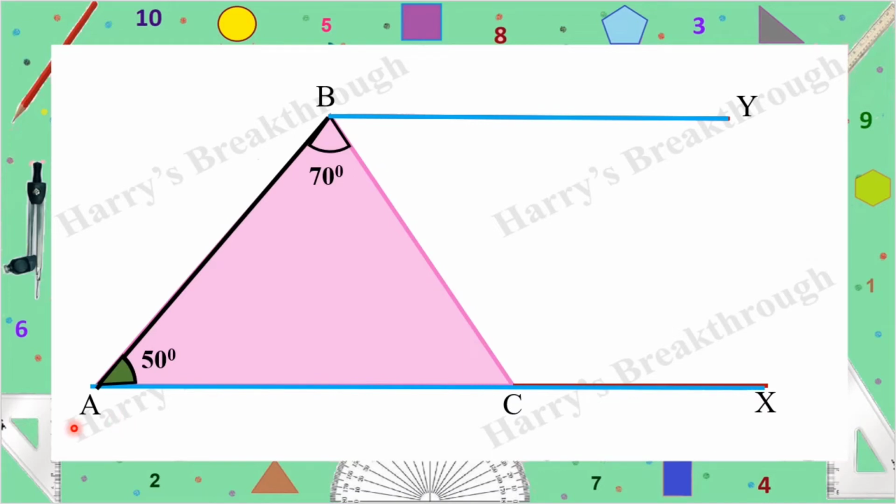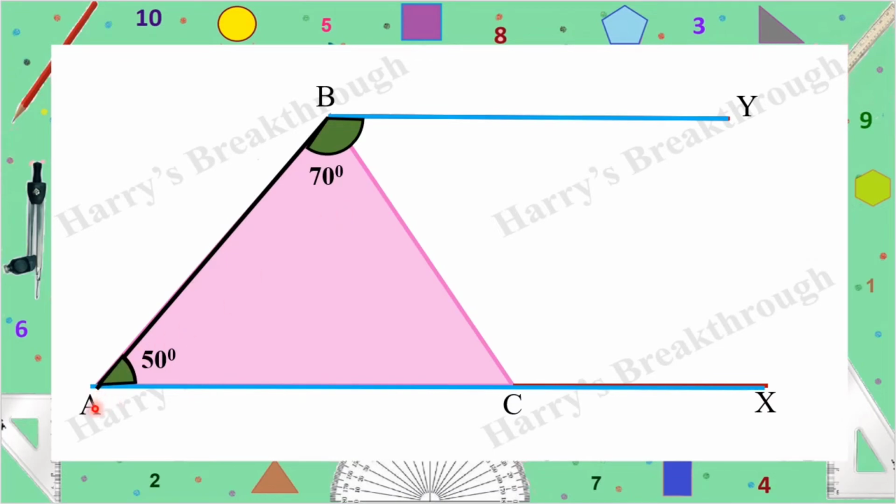It is angle ABY. Angle A and angle ABY are at the interior part of the parallel lines and on the right side of the cutting line. So angle A and angle ABY are co-interior angles, and the sum of co-interior angles is 180 degrees.